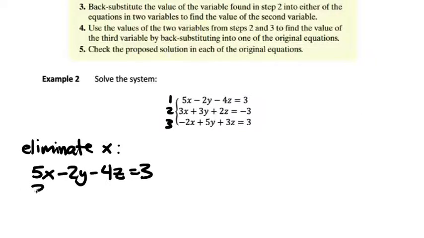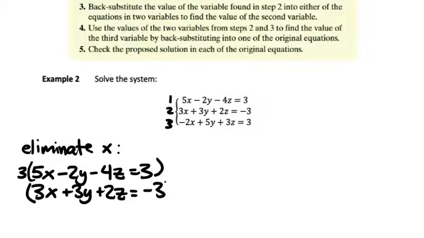And 3x plus 3y plus 2z equals negative 3. So if I'm eliminating x, I need to multiply the top equation by 3 and the bottom equation by 5. Since they have no factors in common, I just need to get them both to be 15. And I need to pick one of them to be negative.